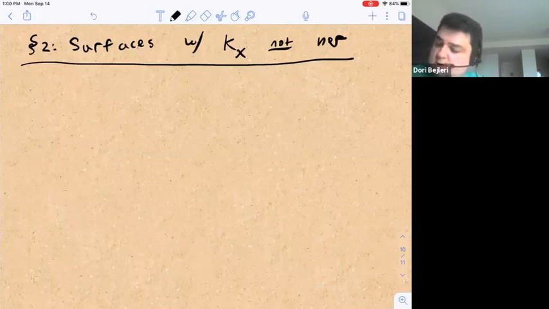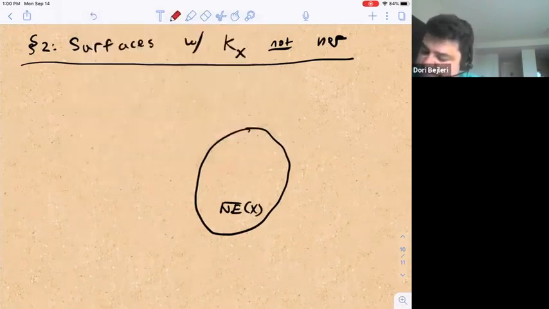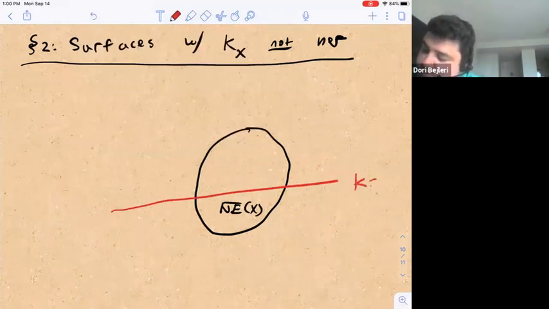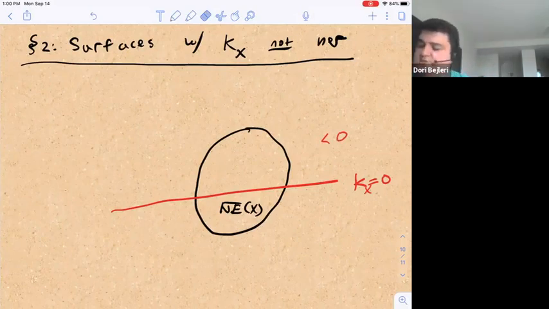We're going to look at our cone of curves, which we just saw can be something complicated. And because K is not Neff, if we look at where K is 0, and then let's say over here we have where K is less than 0, we get something like this, where we have effective curves on which K is less than 0.